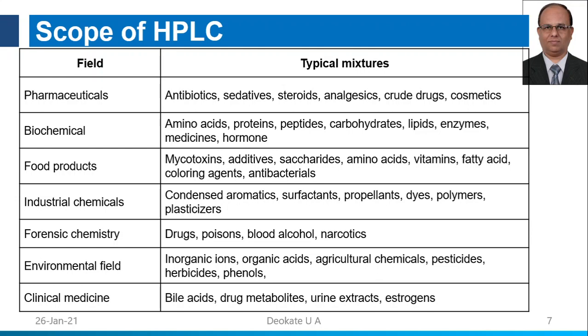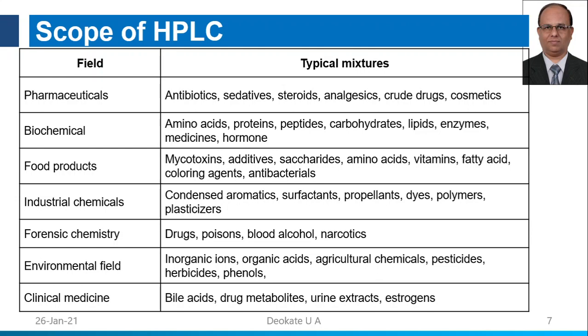In chemical industries, it is used for analysis of condensed aromatics, surfactants, propellants, dyes, polymers, and plasticizers. It plays an important role in forensic chemistry for detection of drug content of a specimen, poison detection, blood alcohol detection, and narcotics detection.